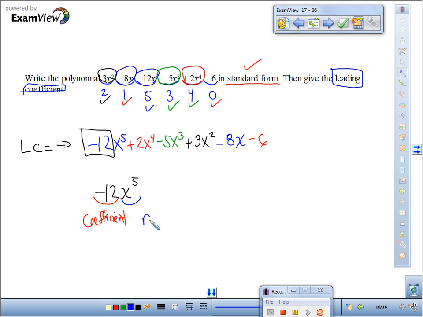The x is the base, or the variable. The 5 is the exponent. What are they asking for? The leading coefficient. So leading means the first one in order from greatest to least degree. Which is the first coefficient? Negative 12.